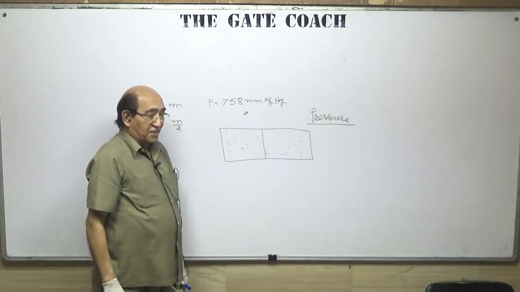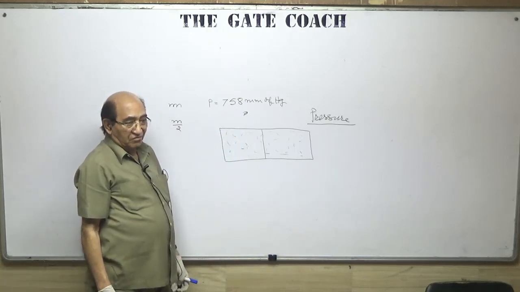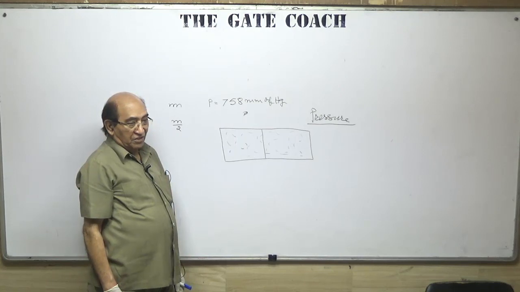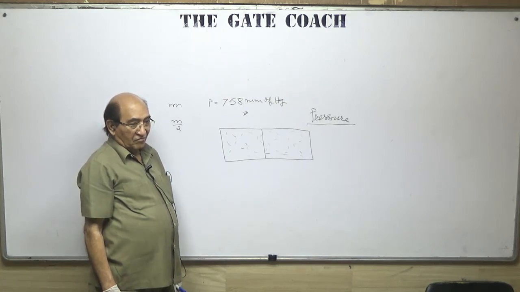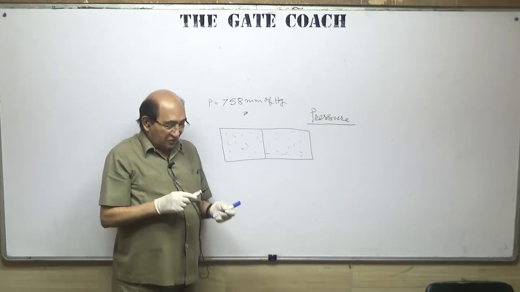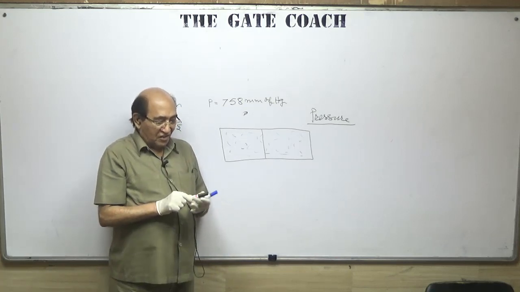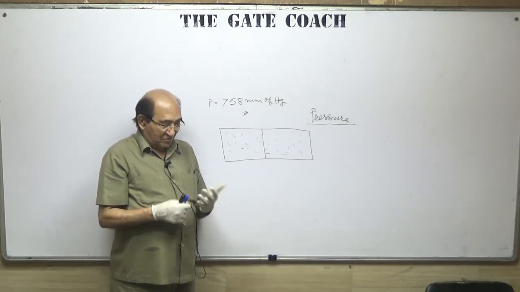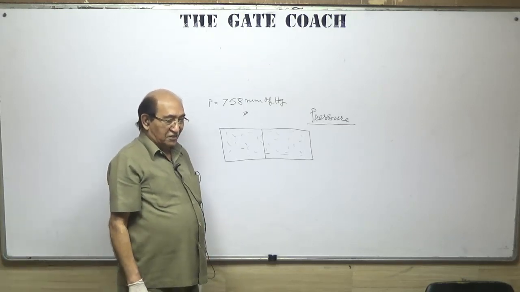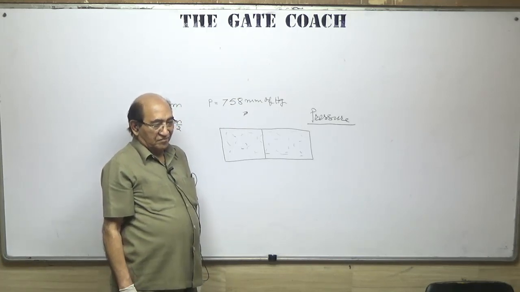So whether the mass is m or the mass is m by 2, this pressure is independent of mass, and hence has been named an intensive property. In this atmosphere, whether you take the entire atmosphere or you take a part of the atmosphere, pressure is the same, and hence pressure is independent of mass.